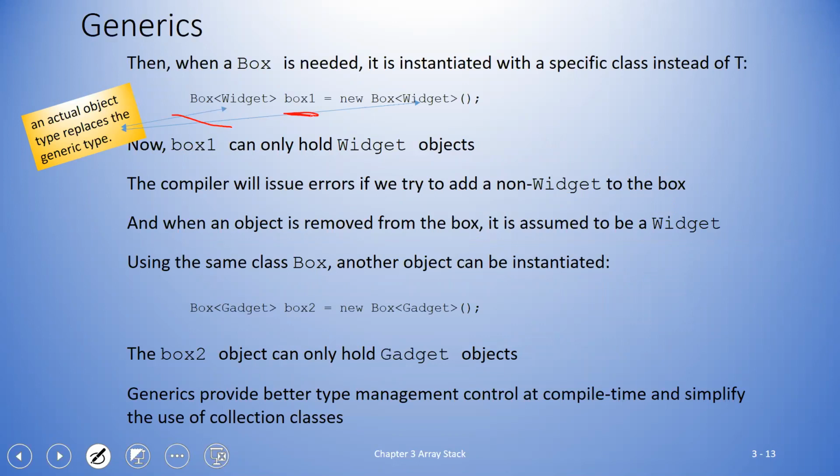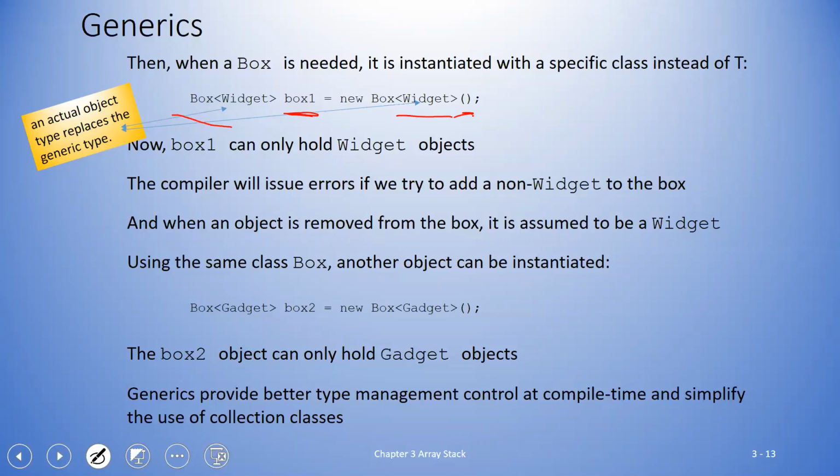A new Box, and you use that syntax to create it. Notice this parenthesis is after the name, okay? So this way, box1 can only hold Widget. If you want to put a book in the box, no way. You cannot put any other type except Widget.